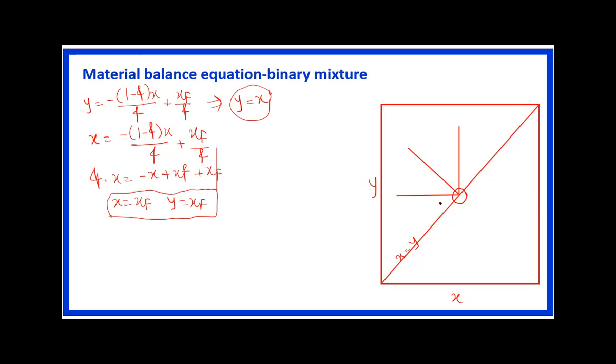So this is the point of intersection of the operating line and the diagonal. So here we can write x equal to xf and y equal to xf. So this is the one point to draw the operating line of flash distillation, and in the same way we can understand the other conditions.